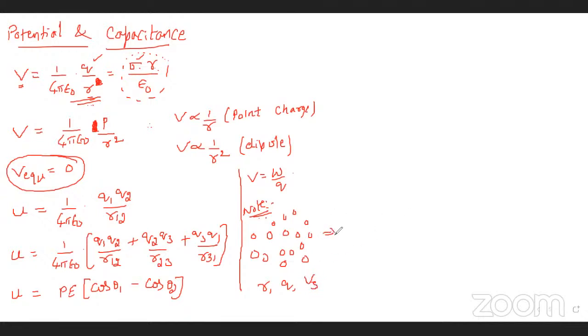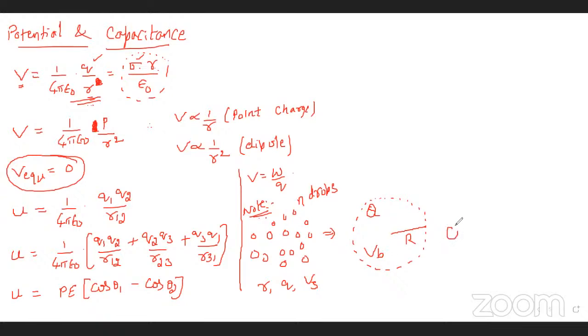Now, I'm going to combine these small drops into a bigger drop. Now, n drops are combined to form what? One big drop. Let capital R be the radius of the bigger drop, capital Q the charge, and VB the potential of the bigger drop.